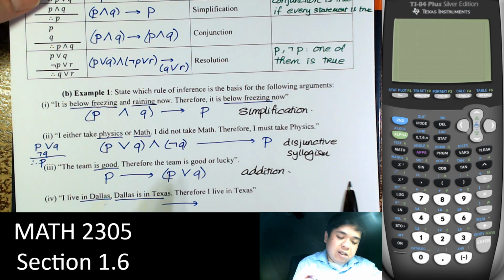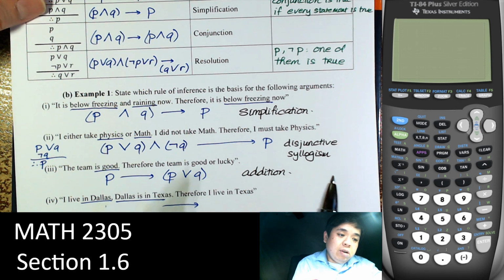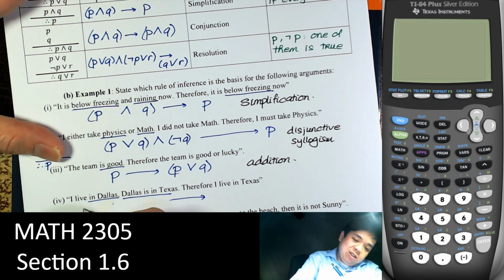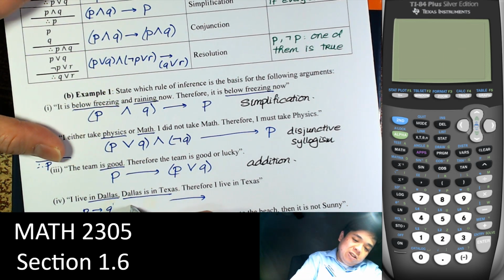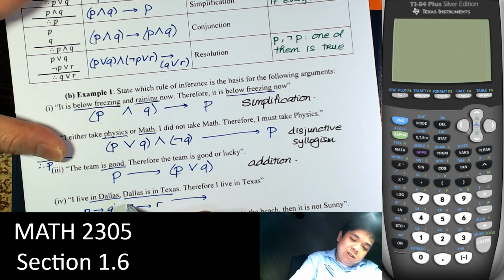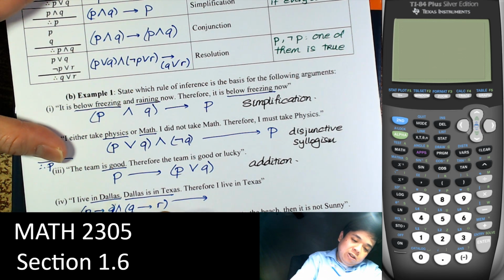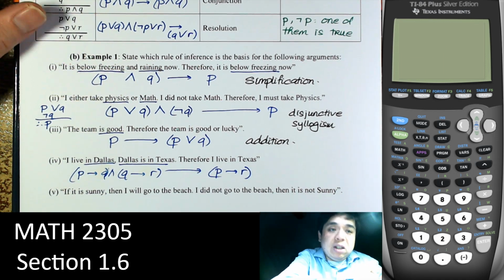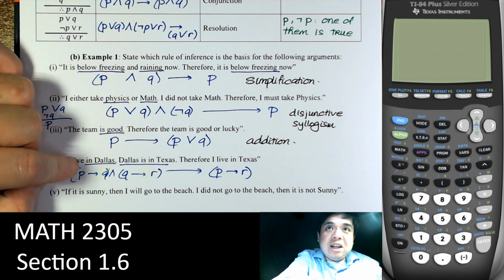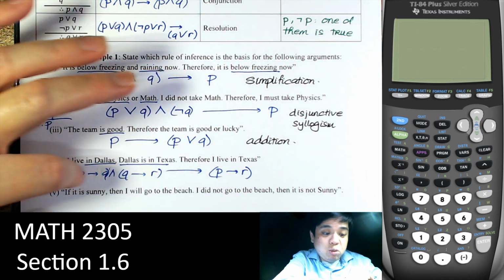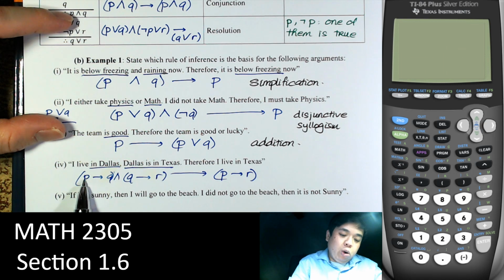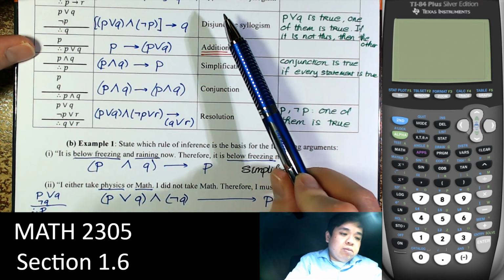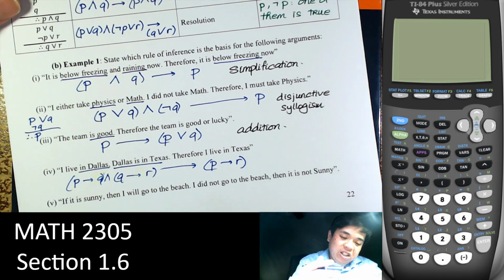Then I live in Texas. So this is more like P implies Q and Q implies R, therefore P implies R. However, this sentence has to be rewritten so that it makes more sense when we write it like that. But the point here is that this is kind of the transitive property.